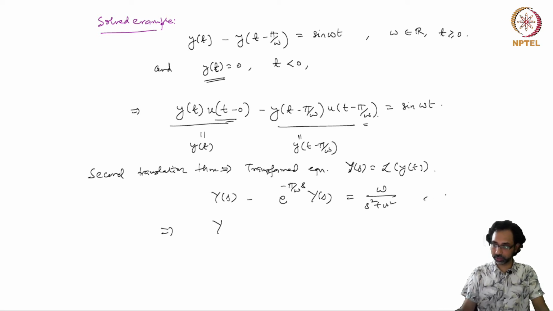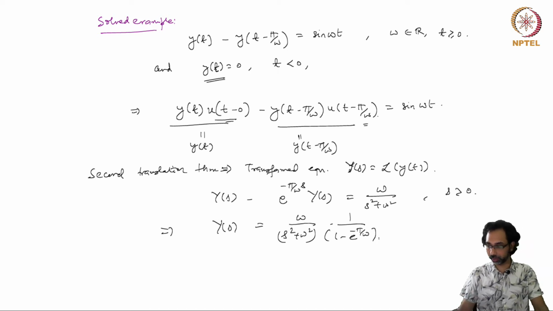This is valid for s positive, so we can get the solution for capital Y(s), which is omega by s squared plus omega squared, divided by 1 minus e to the power minus pi by omega s.